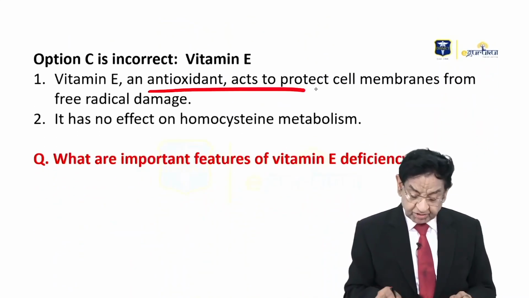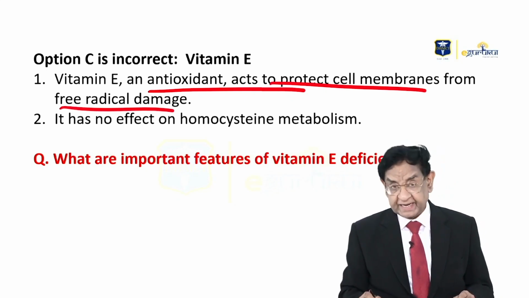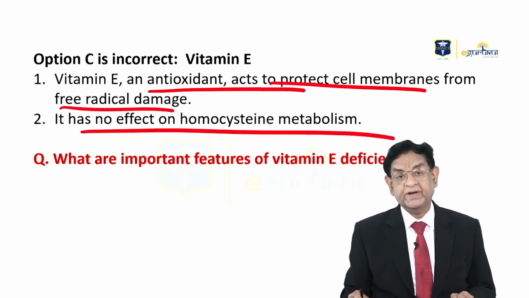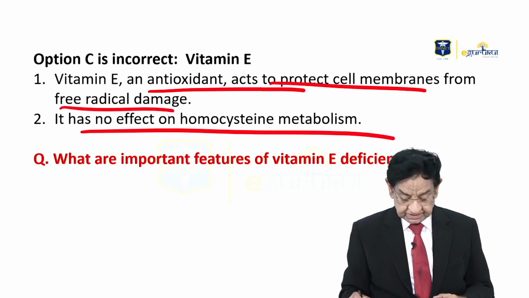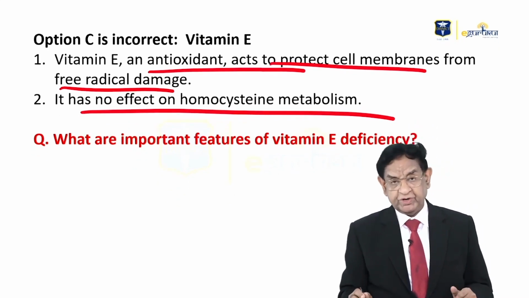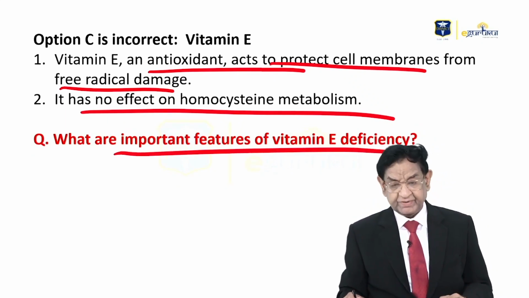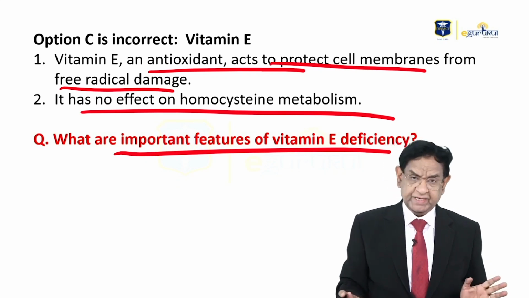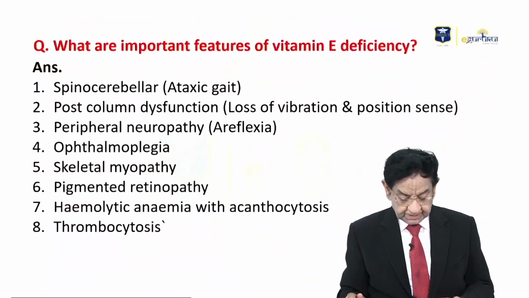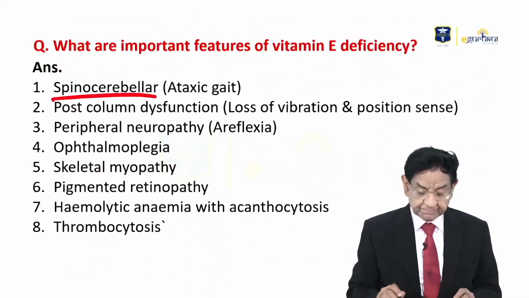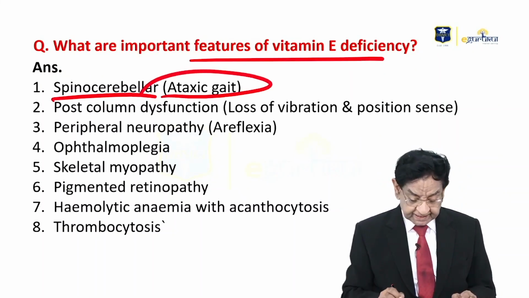Vitamin E is an antioxidant that acts to protect the cell membrane from free radical damage. It has no effect on homocysteine metabolism, so it is not the right answer. But again, I have a question for you. Write down the answer: what are the important effects of vitamin E deficiency? Vitamin E deficiency can disturb the spinocerebellar tract and lead to ataxic gait.